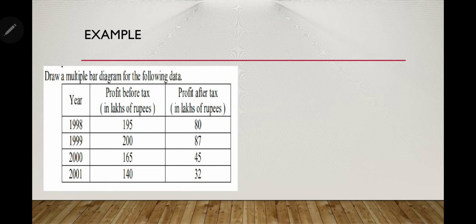It can be seen that I have given this data of profit before and after tax. Again, on the x-axis, I am going to represent years 98, 99, 2000 and 2001. I am going to represent profit on the y-axis.